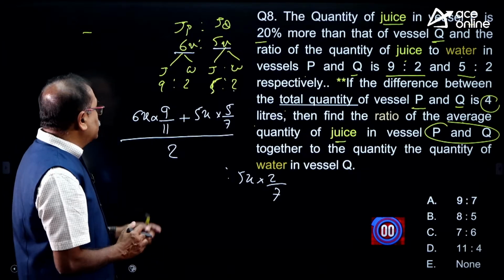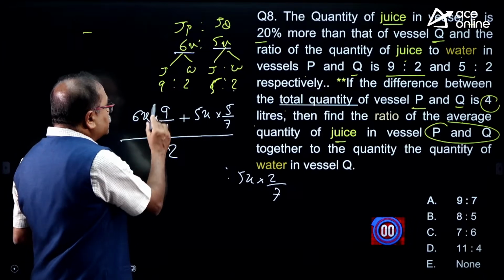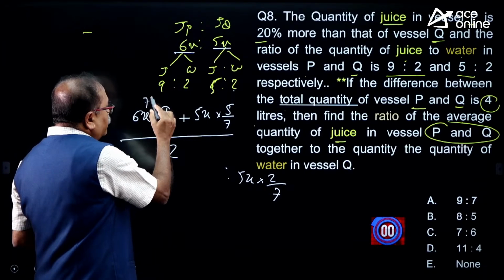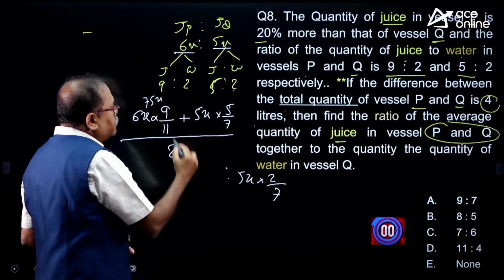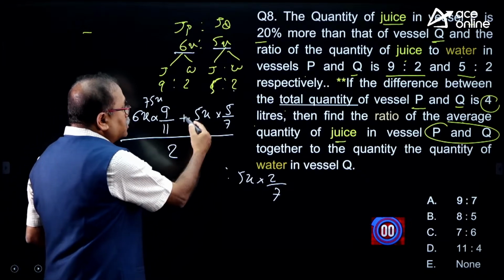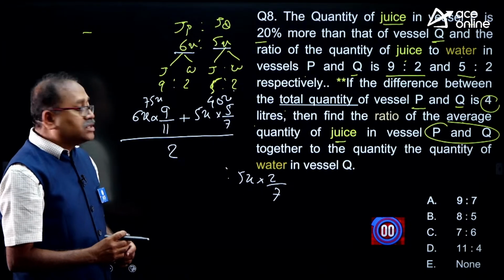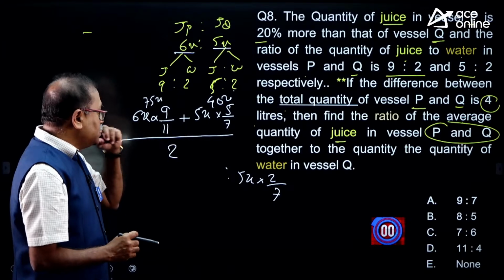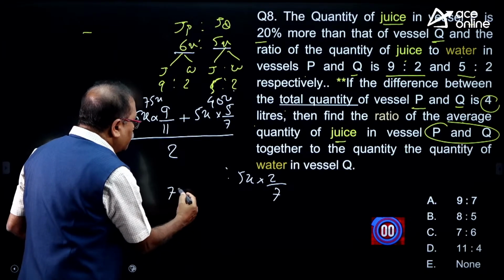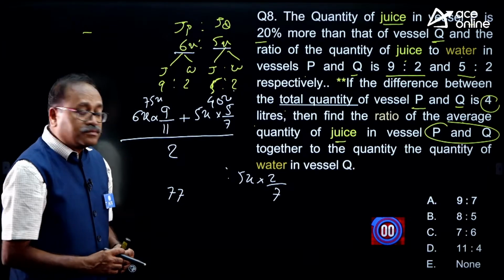Shall I work out on this? So that is 66 plus 9 is 75. So I get 75x by 11 and here 35 and 40, 40x by 7. What will be the LCM of this? The LCM of this is obviously 77.